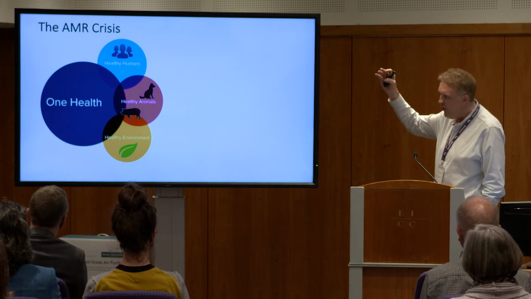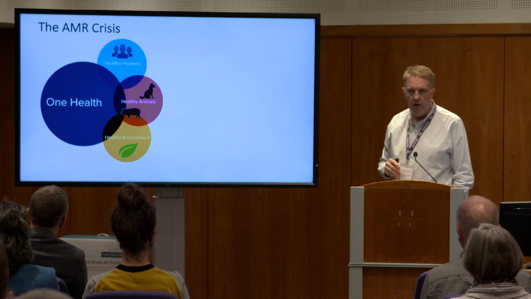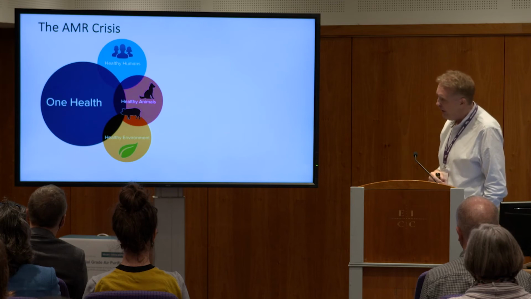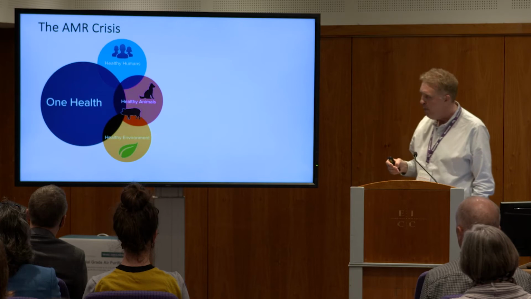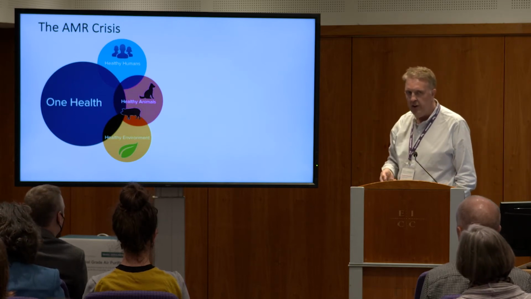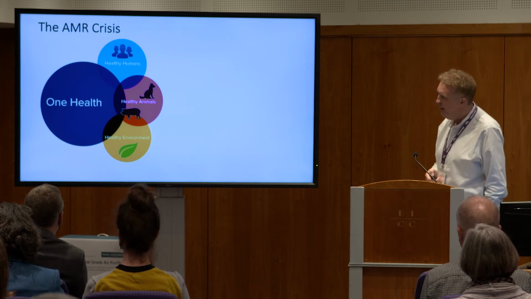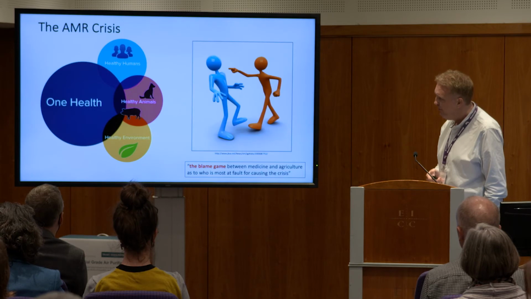If you've got unhealthy humans or unhealthy animals, it will impact the other parts of this three-legged stool. So unhealthy animals will lead to unhealthy people. And what I want to show is that an unhealthy environment can also lead to unhealthy humans and unhealthy animals.